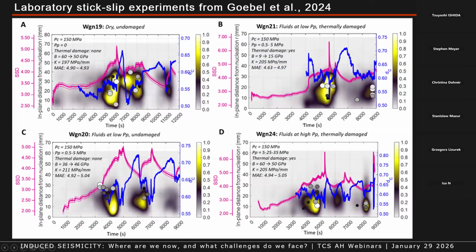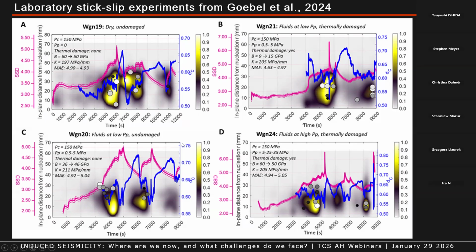The first trials were quite interesting. Here are the examples coming from laboratory stick slip experiments, the same which I presented earlier. The data are from Thomas Gebel et al. Again, you can see that before the largest earthquakes, which are marked here by white and light gray dots, we observe a low DC value and also very characteristic SSD behavior depending on the conditions under which the experiment was performed.